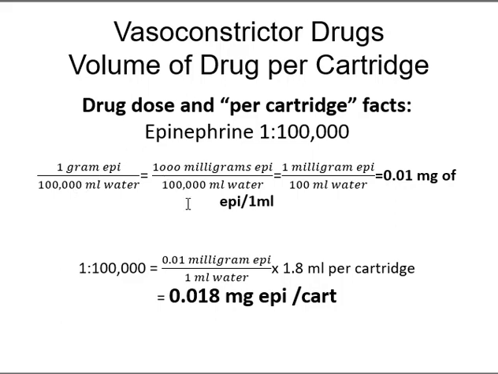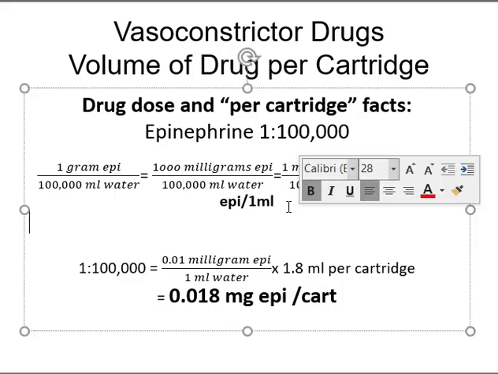So we get 1,000 milligrams of epi per 100,000 milliliters of water, which then we cross out the 3 zeros here, 3 zeros here, and we get 1 milligram of epi per 100 milliliters of water. And the last step is you then divide the 1 milligram by the 100, and you get 0.01 milligrams of epinephrine per 1 milliliter of water.